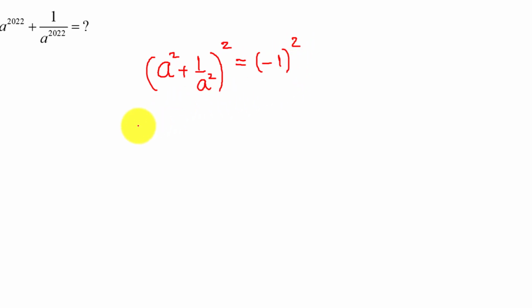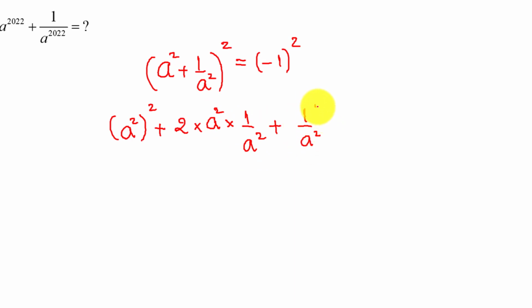And then I get a squared all squared plus 2 multiplied by a squared and multiplied by 1 over a squared, plus 1 over a squared all squared, equals 1.